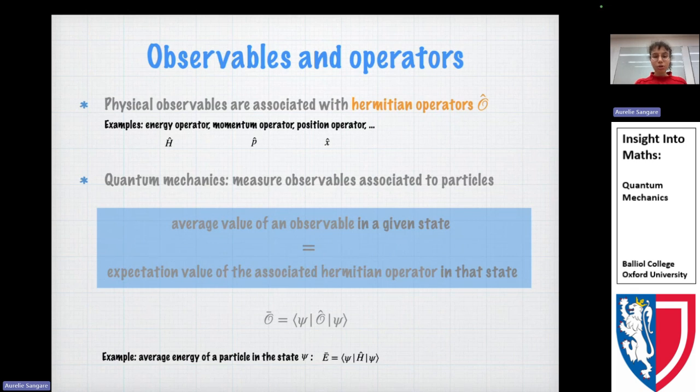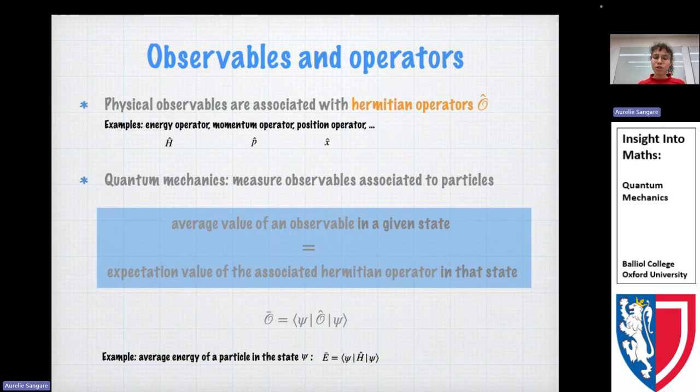And sometimes you will also see a small sub psi to really emphasize that we are considering the average value of O in the state psi. This is equal to the right-hand side, and the right-hand side is just the notation for the expectation value of the Hermitian operator O hat associated to O.